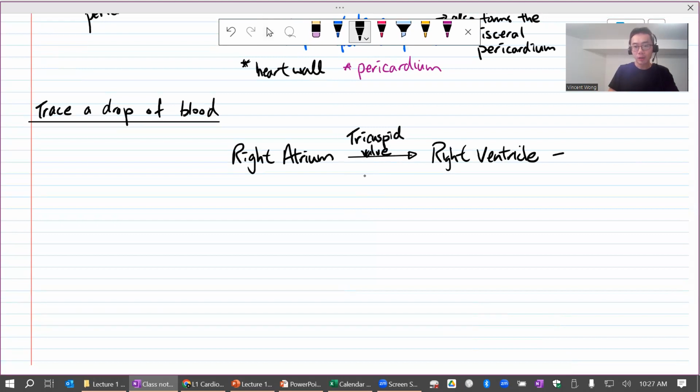From the right ventricle, we're going to send the blood to the lungs. We're going to squeeze and push the blood to the lungs. And so the vessel that takes it to the lungs is the pulmonary artery.